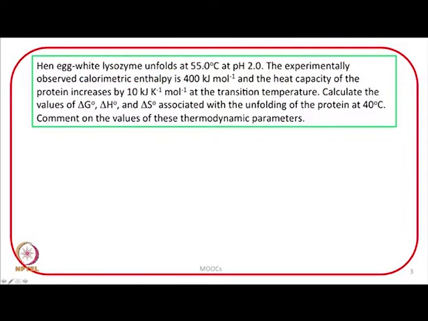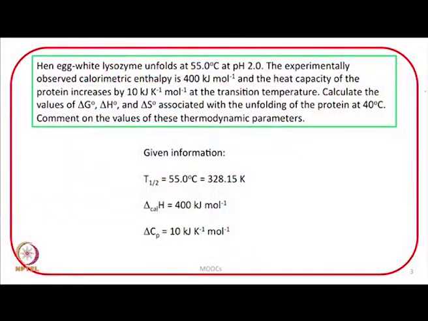So obviously, since the temperature is changing from 55 to 40, it immediately reminds us of the thermodynamic parameter which connects a thermodynamic property from one temperature to another temperature, and that is heat capacity. Therefore, we will definitely need the value of delta Cp, the change in heat capacity, to calculate the required thermodynamic parameters. And that information is given.